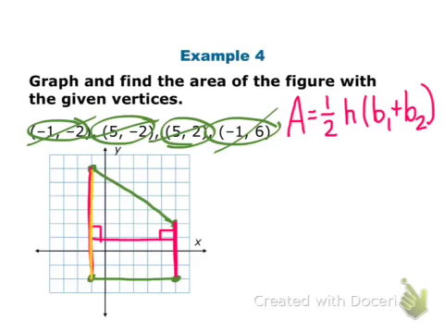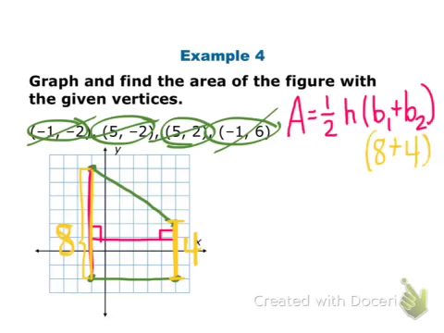It doesn't matter which one you use, but figure out the distance from here to here. So we've got 1, 2, 3, 4, 5, 6, 7, 8. We have a distance of 8 for base 1 or base 2. It doesn't really matter. And then our other base is this one. So from here to here, we've got 1, 2, 3, 4. So this is going to be plus 4 down here.